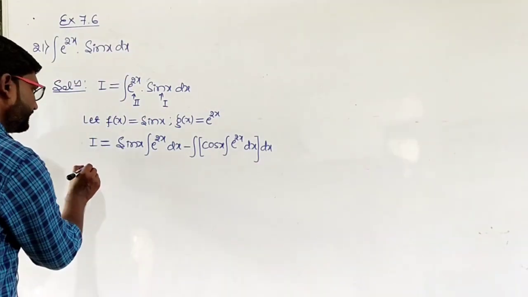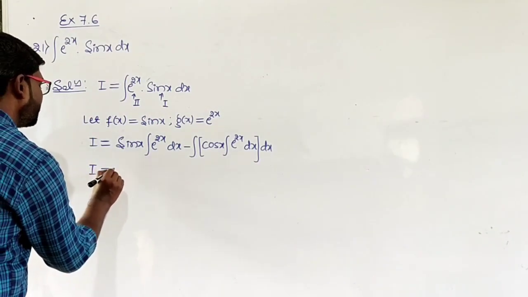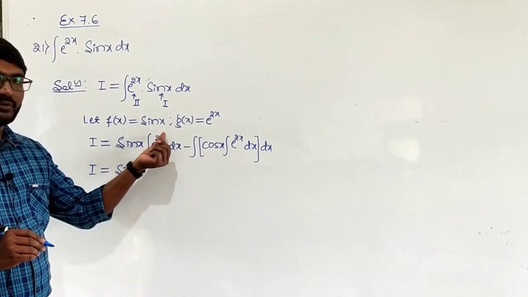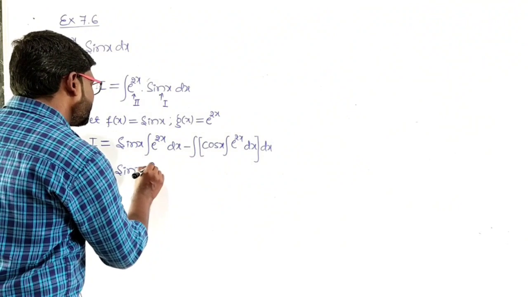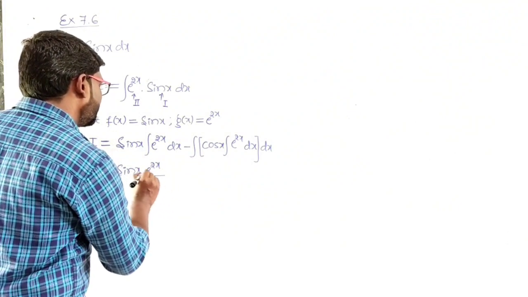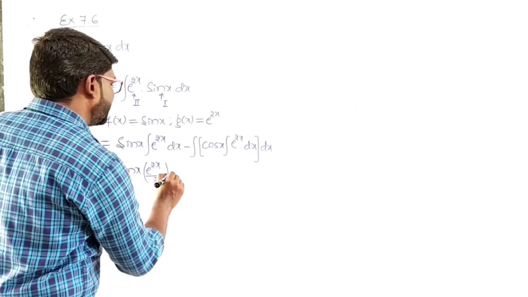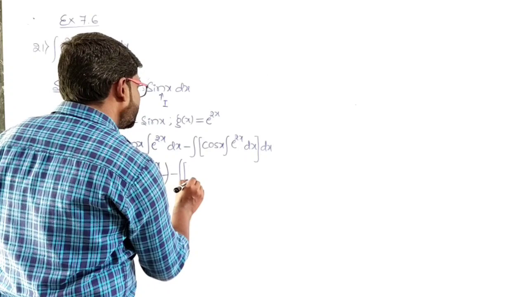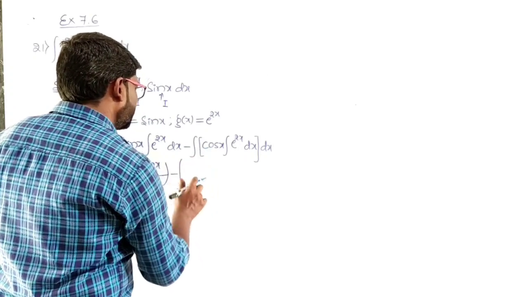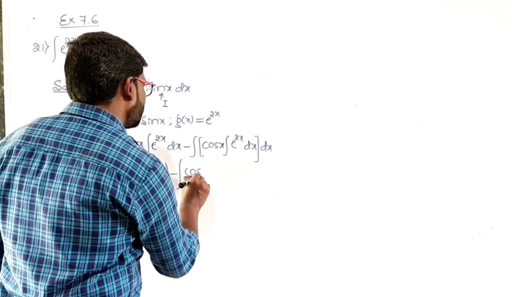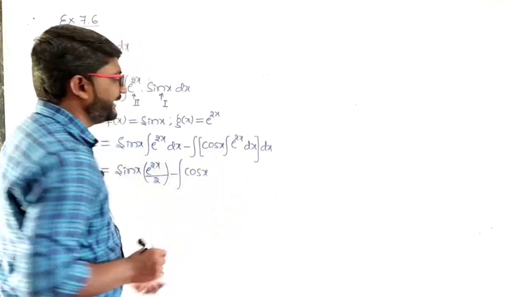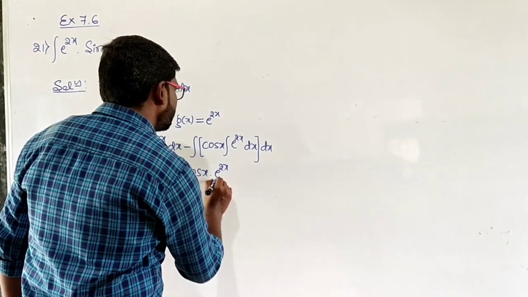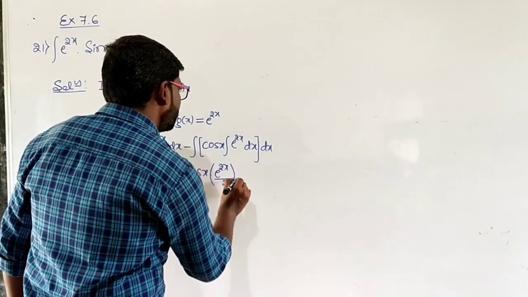Now in the next step, I equals sin x, then the integration of e raised to 2x will be e raised to 2x divided by 2, then minus the integral. I write cos x as it is, into the integration of e raised to 2x, which is e power 2x divided by 2 dx.